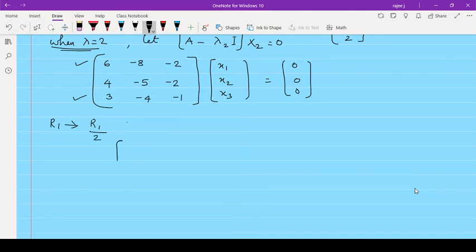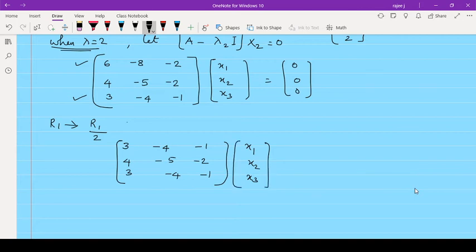So this becomes 6 by 2, 3, minus 4, minus 1, then R2 is 4, minus 5, minus 2, and R3 as it is 3, minus 4, minus 1, into x1, x2, x3 equal to 0, 0, 0.